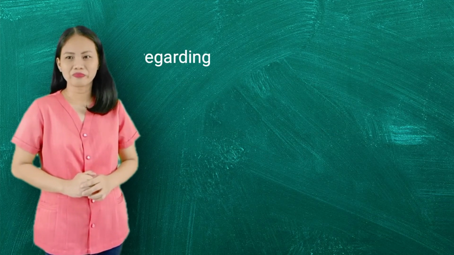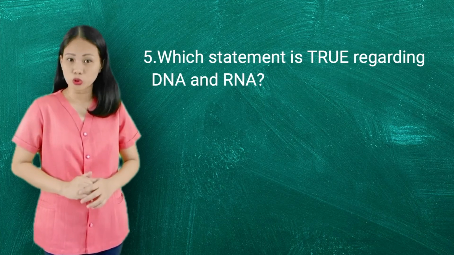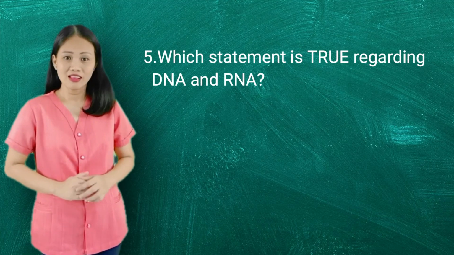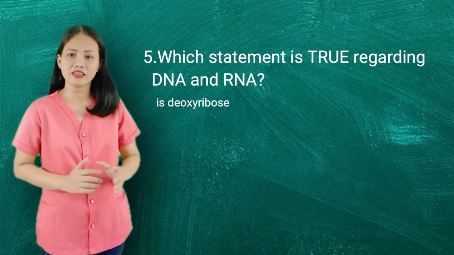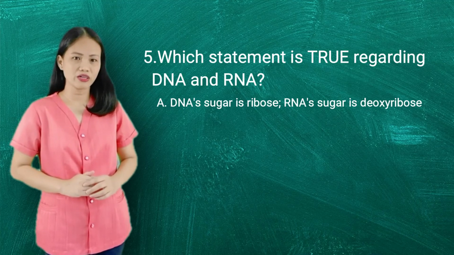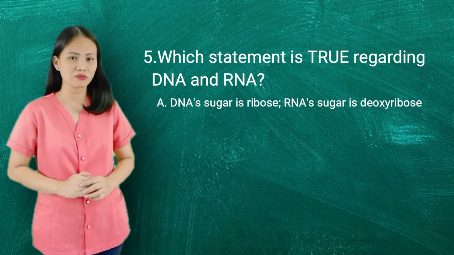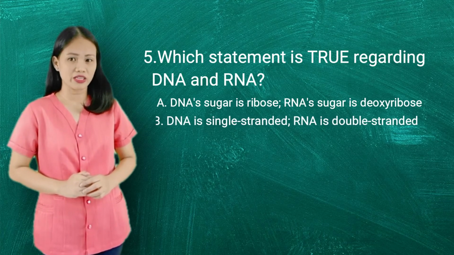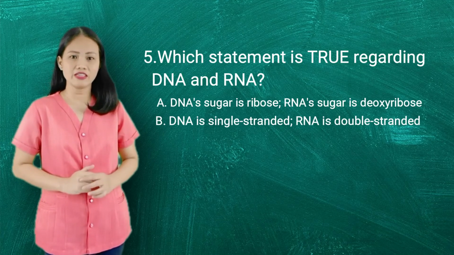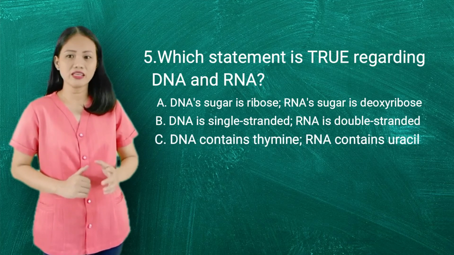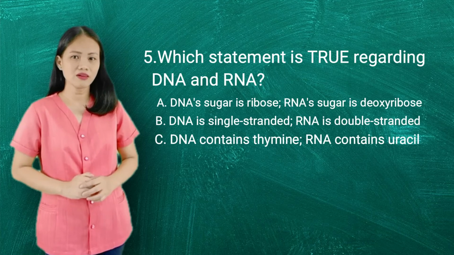Number 5. Which statement is true regarding DNA and RNA? Letter A. DNA sugar is ribose. RNA sugar is deoxyribose. B. DNA is single-stranded. RNA is double-stranded. C. DNA contains thymine.